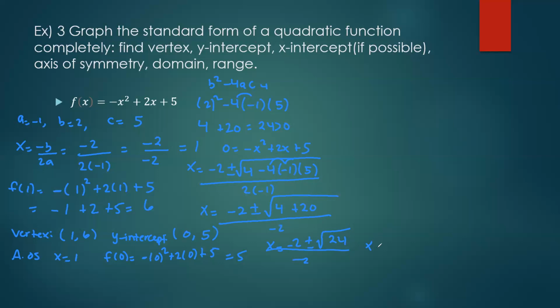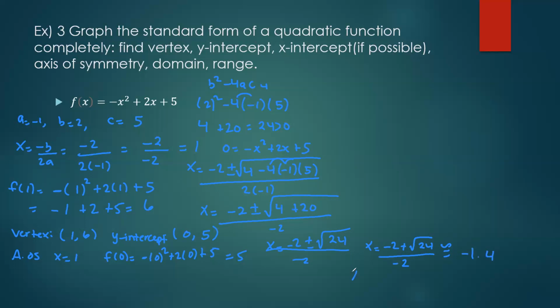So my two x-intercepts: one of them is at -2 plus the square root of 24, all over -2, which is -1.4.